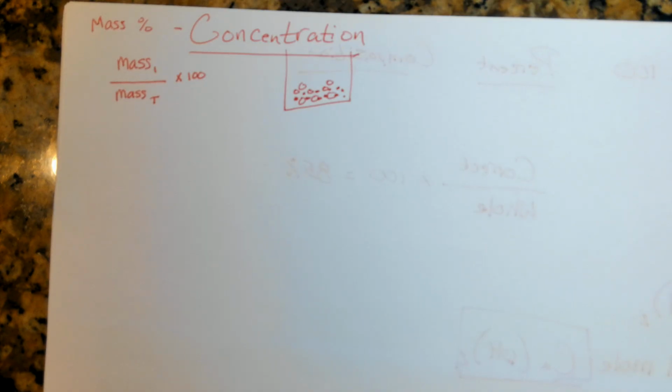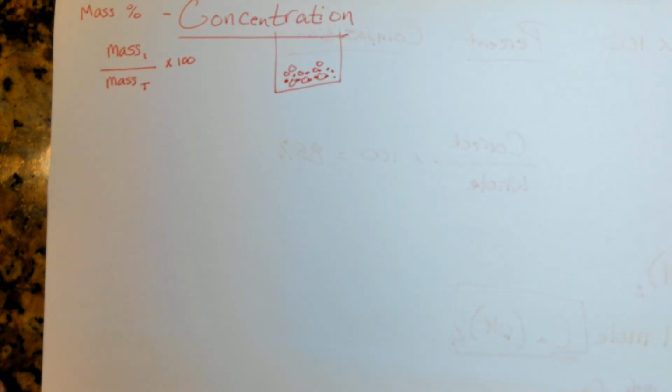For those of you who go and get hydrogen peroxide, right, on the side of the bottle it'll say hydrogen peroxide 3%. That means that 3% of that is hydrogen peroxide and the rest is water. Or even rubbing alcohol. Usually it'll say 70% alcohol on the bottle, or 91% alcohol. Right?